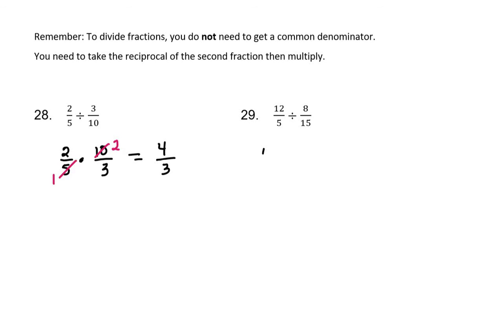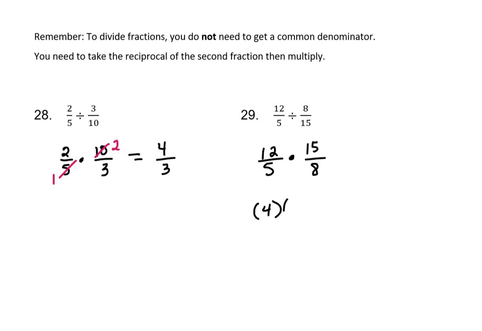Problem 29. First fraction is going to stay the same. The division changes to multiplication. And we're going to flip that second fraction upside down and have 15/8. So from here, I can look at the numerators and denominators and see if there's anything that's going to cancel. And I can see that the 5 and the 15 have a common factor, 8 and 12 have a common factor.